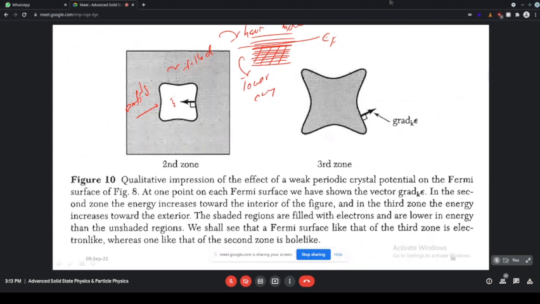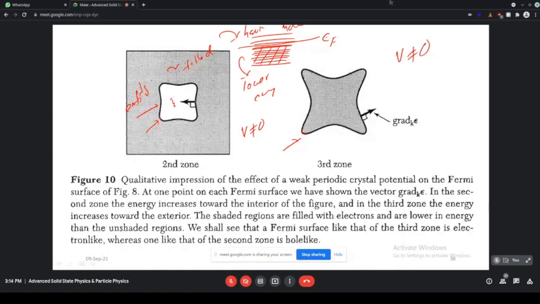Okay, if you consider weak potential, that V naught is equal to 0, then this corner will not be pointed, this will be round. And this is the electron like behavior, and this is also not pointed, this is a round structure, because we are considering that V naught is equal to 0.